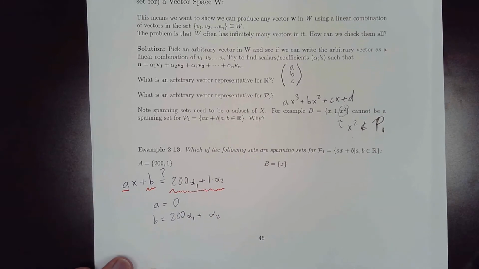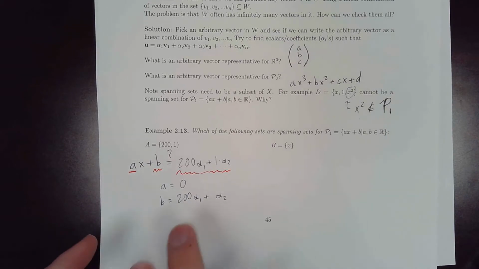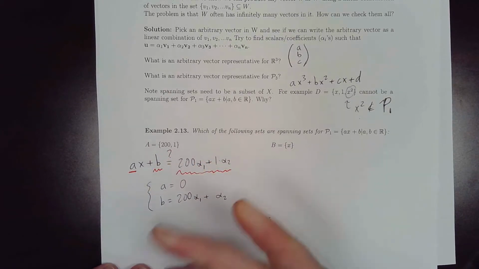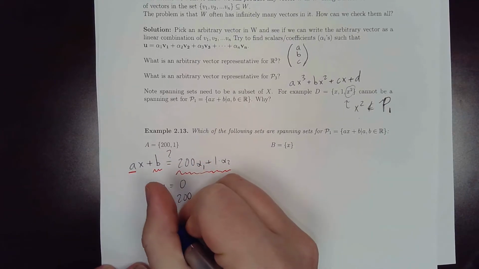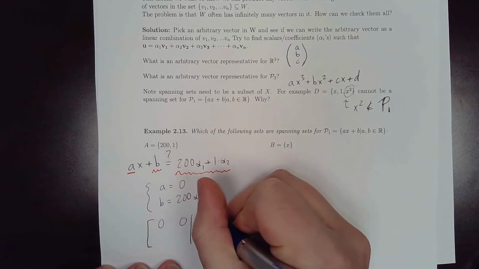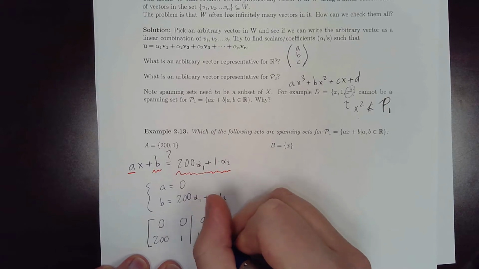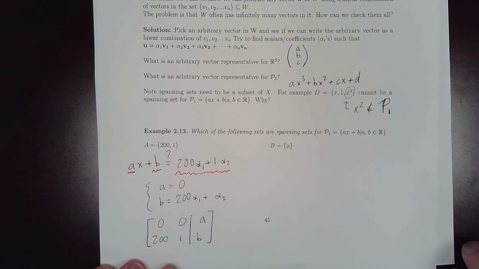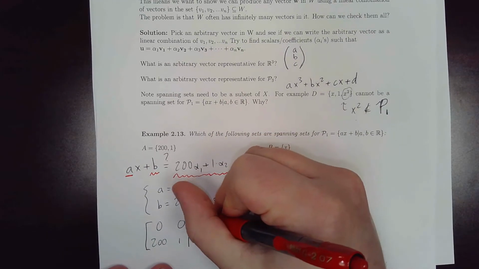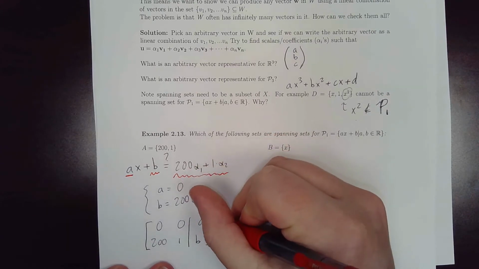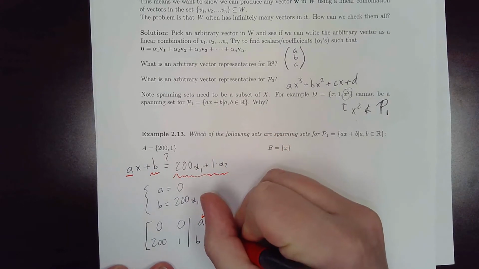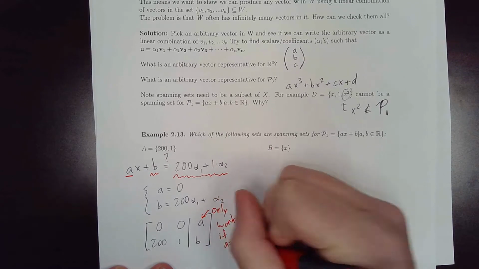Now this is a little bit backwards from the way we normally write our systems. Remember, we can go either way with our addition. So let's write this system. We have 0, 0, a, and we have 200, 1, b. Note that this only works if a equals 0.